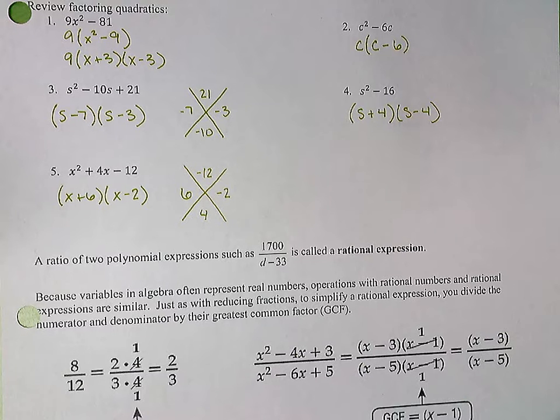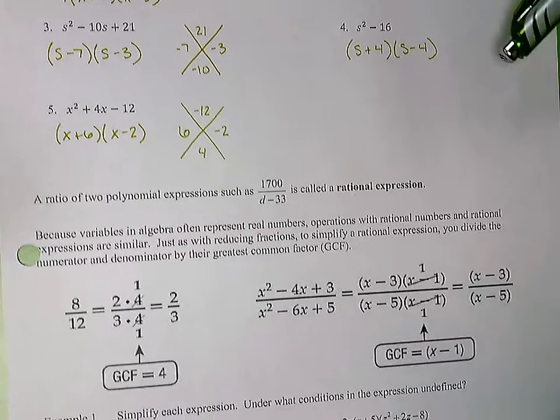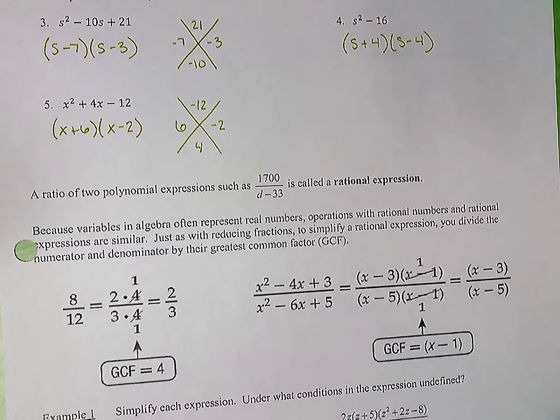Okay, so you will have to factor like this as we go through our examples in simplifying these rational expressions. A ratio of two polynomial expressions, such as 1,700 over d minus 33, is called a rational expression because it's a fraction.